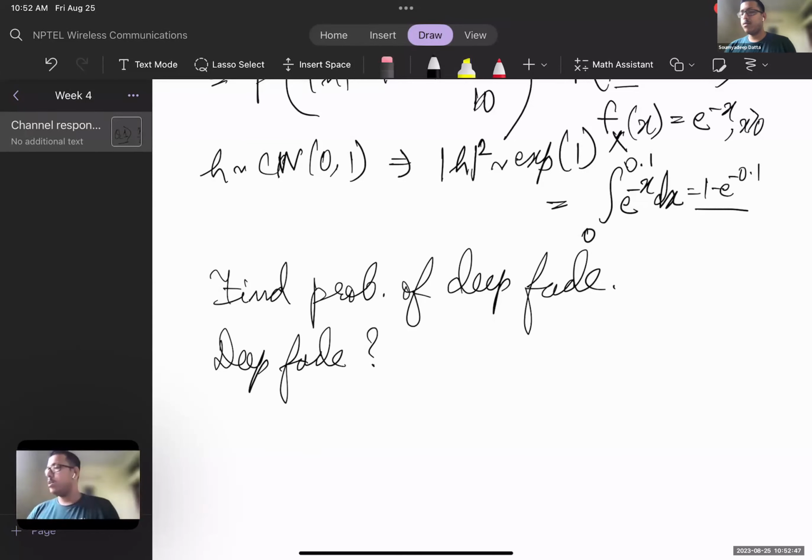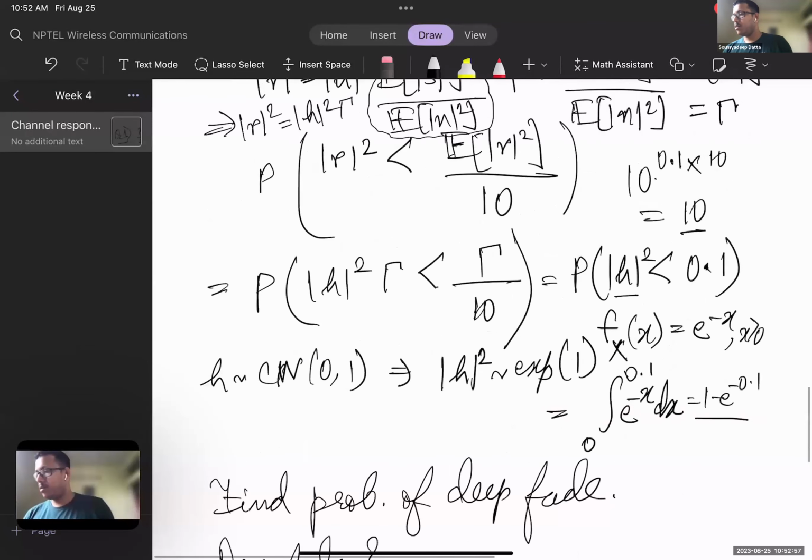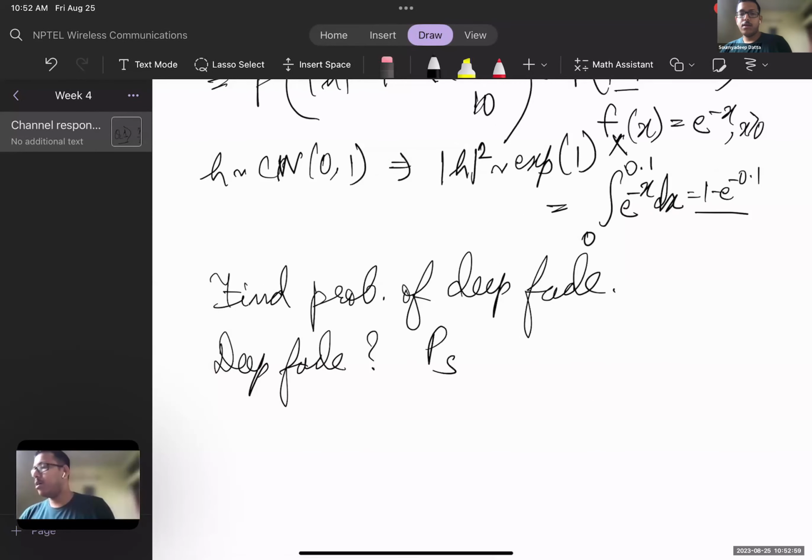So by deep fade, what we typically mean is this signal power. So signal power here is essentially signal power going below the noise floor or the noise power itself. So this is when you call this situation a deep fade.